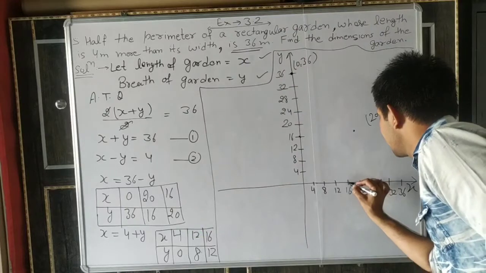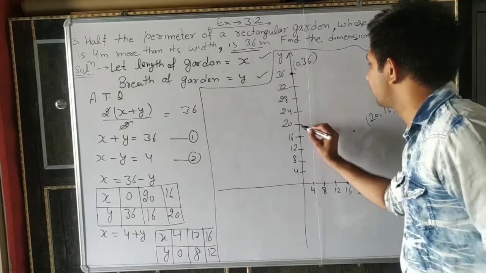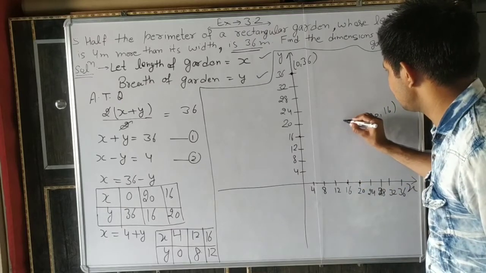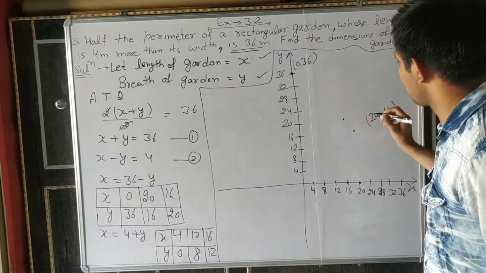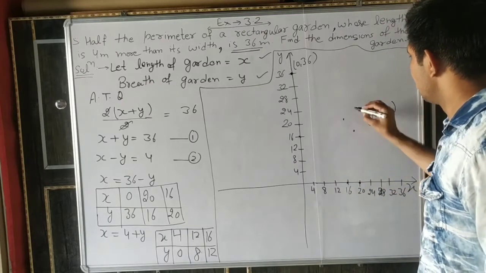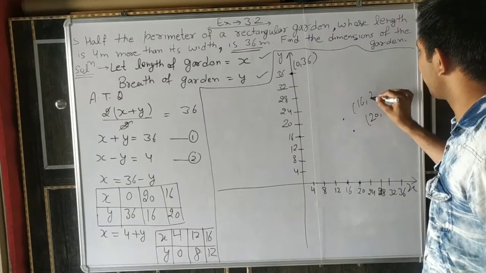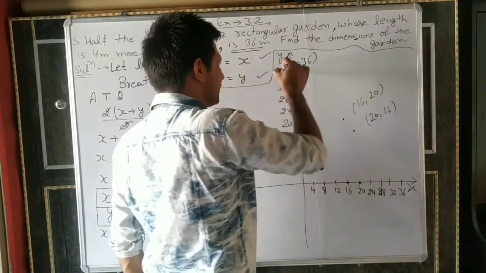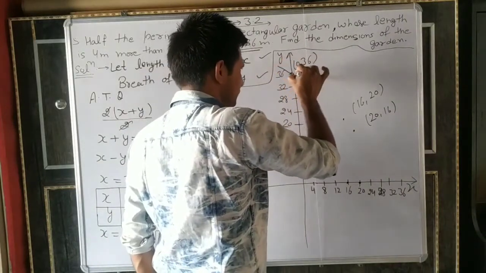Next is 16, 20. X is 16, y is 20. So this is the point 16, 20. So it is the graph of the first equation.